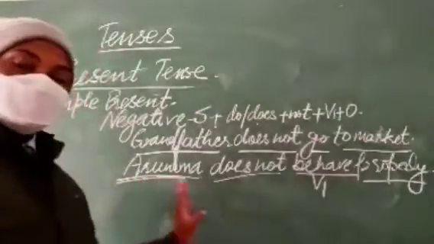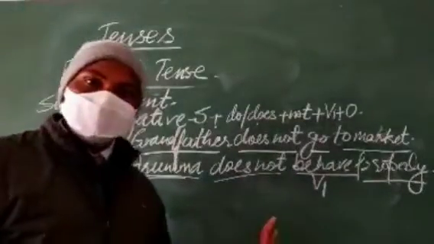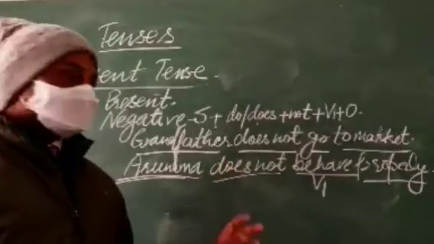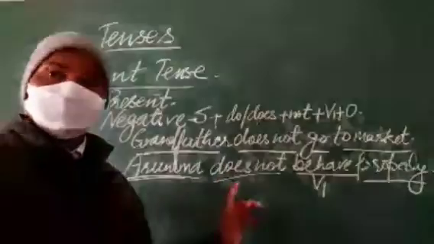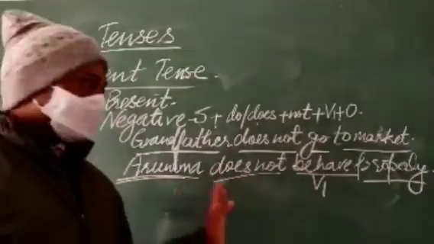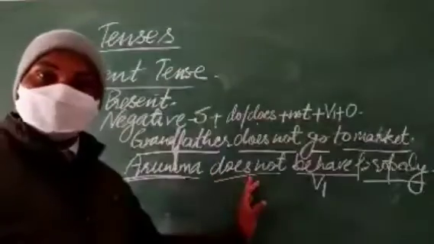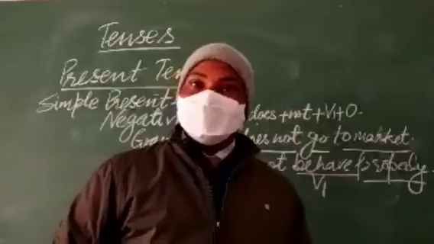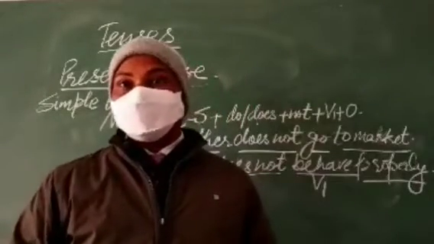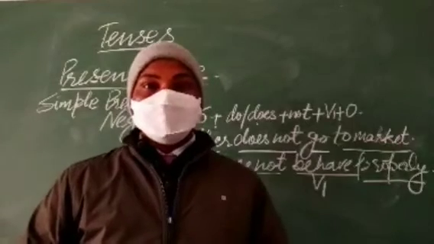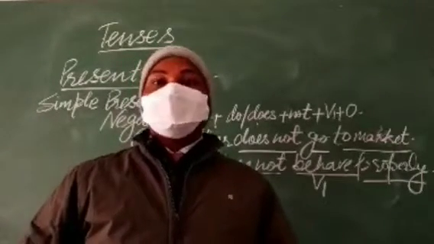So in this way, if you study it properly, you can easily find out the kinds of tense, whether the sentence is in simple present tense, and if it is in simple present tense, whether it is in affirmative or it is in negative.